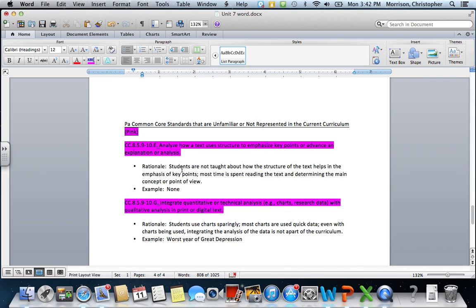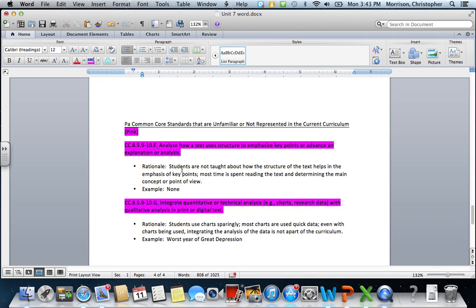I don't really do this, and I know that when I read the standard, I had to think about it and say, what exactly are they asking? And my interpretation of the standard is: do I talk to the students about, okay, in this primary source, where is this information included? Why is it placed in the first paragraph versus the second or third paragraph?